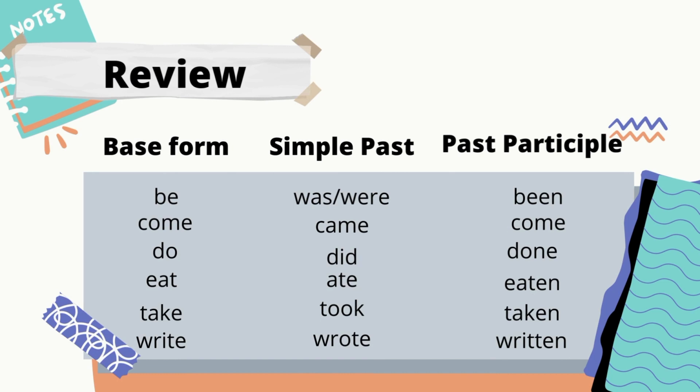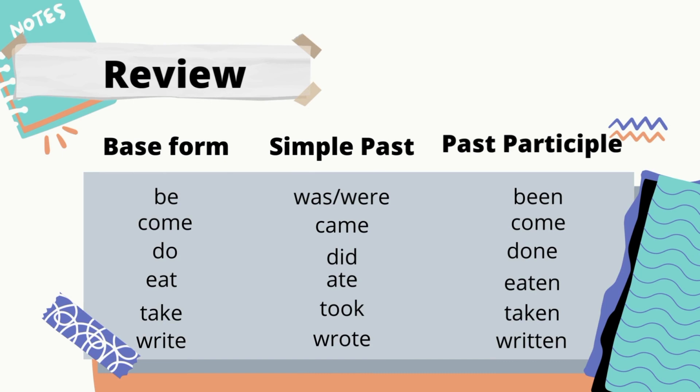The verb is come. Simple past is came. Past participle is come. The verb is do. Simple past is did. Past participle is done. The verb eat. Simple past is ate. Past participle is eaten.